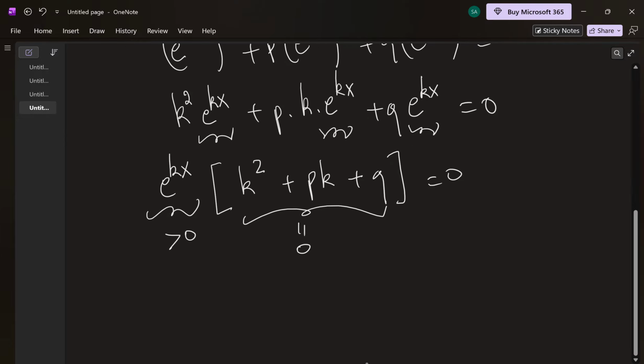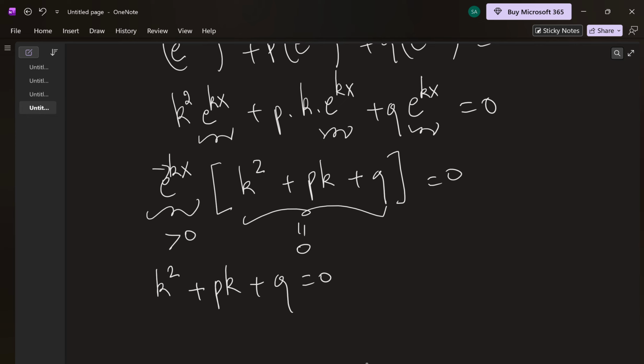So we get the expression, the roots. So k, to find this k, we must solve this equation of second degree: k squared plus pk plus q is equal to 0.